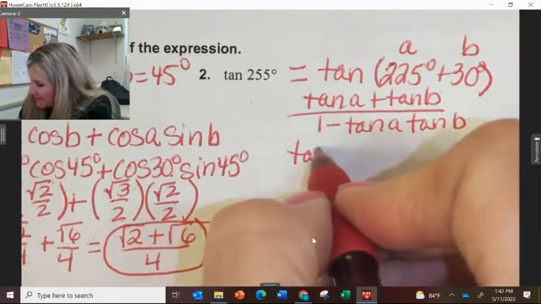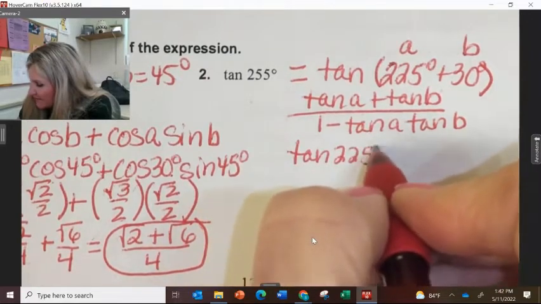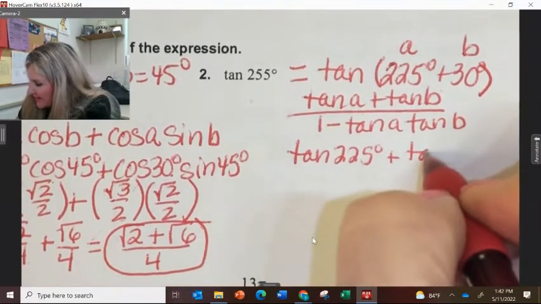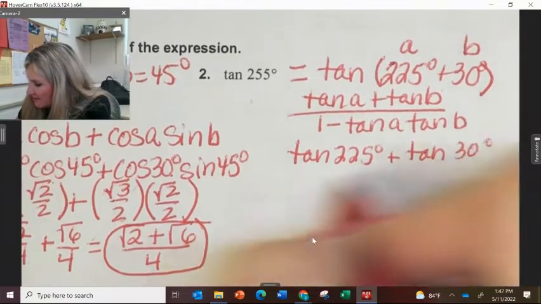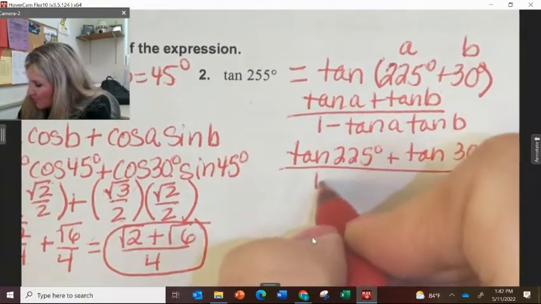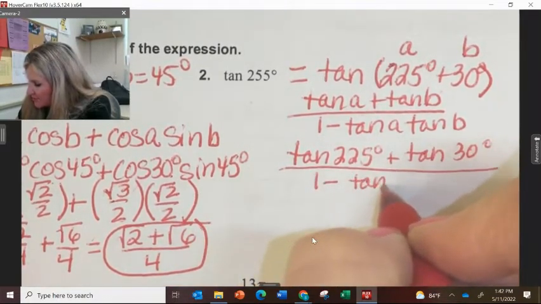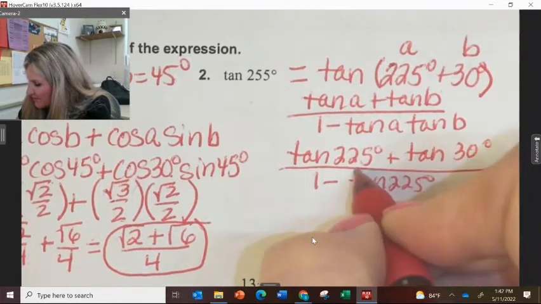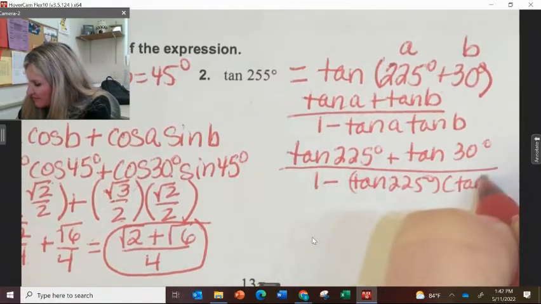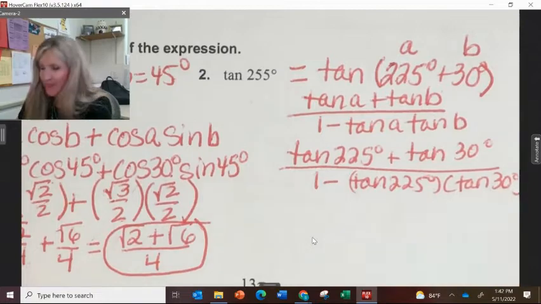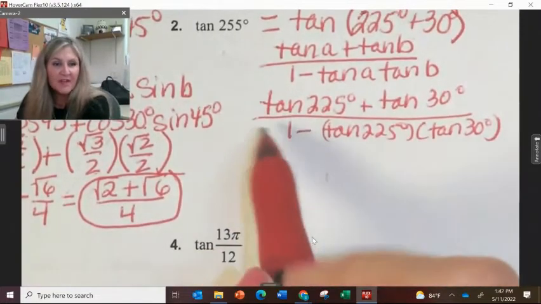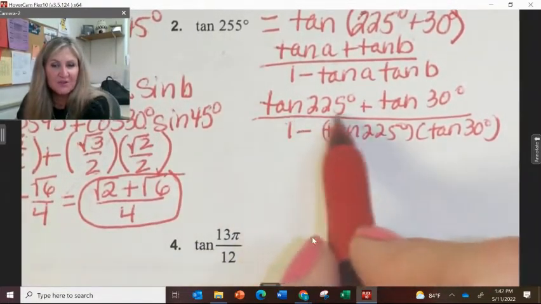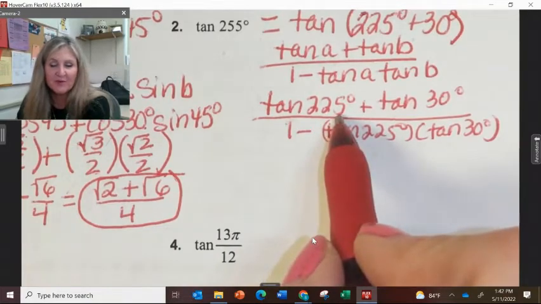All right, so we're going to plug this in now. It's going to be the tangent of 225 plus tangent of 30 over 1 minus the tangent of 225 times the tangent of 30. Tangent of 225 has a 45-degree reference angle.